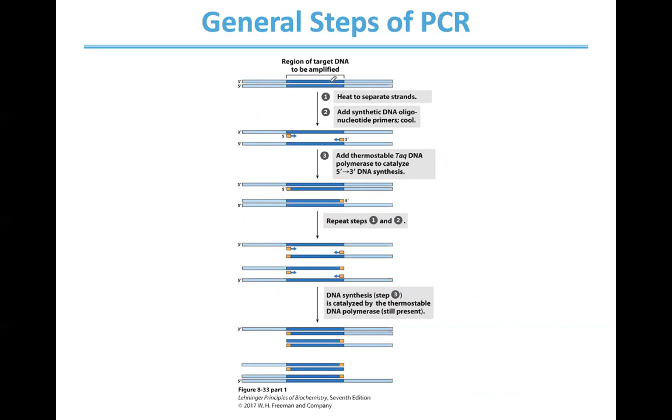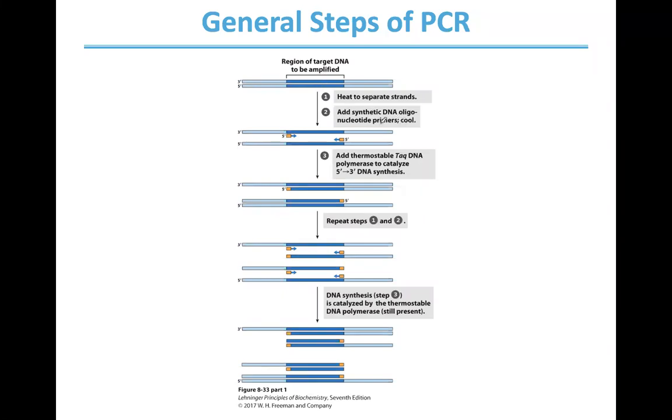So you will heat to separate the strands. So you will melt the DNA, and you will add synthetic oligonucleotide primers. So the DNA synthesis does not occur from scratch. You need primers so that the new nucleotides can be added in the 5' to 3' direction. So basically you heat the DNA, you add the primers.